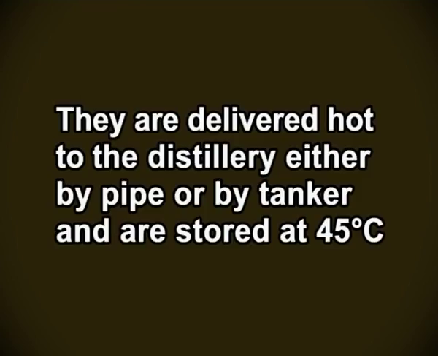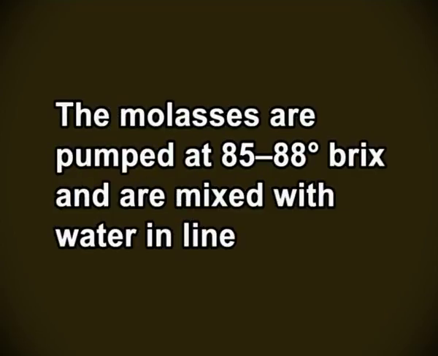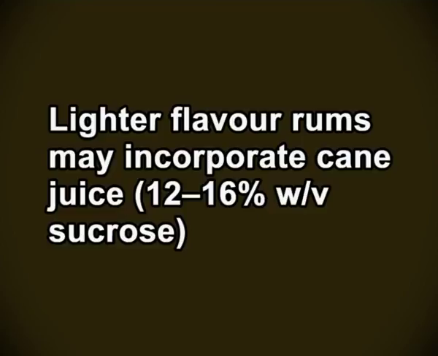They are delivered hot to the distillery either by pipe or by tanker and are stored at 45 degrees Celsius. The molasses are pumped at 85 to 88 brix and are mixed with water in line. Lighter flavor rums may incorporate cane juice, that is 12 to 16% sucrose.